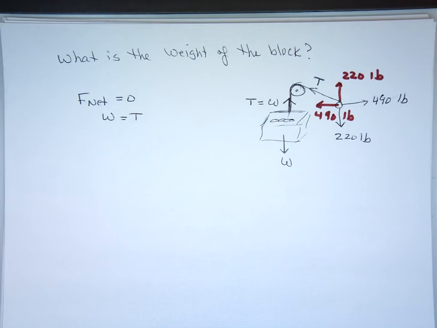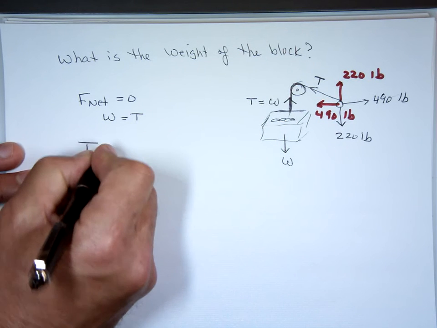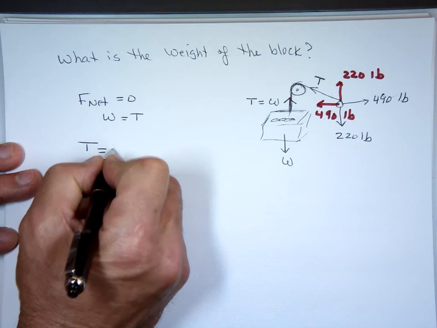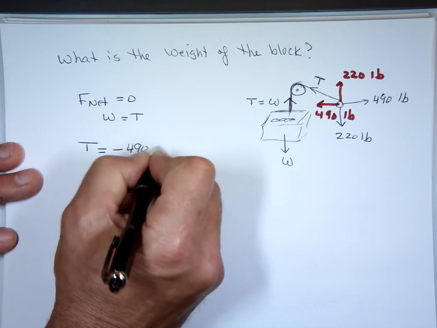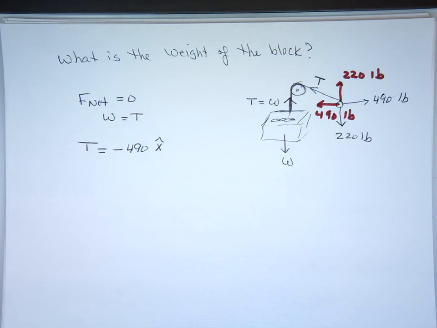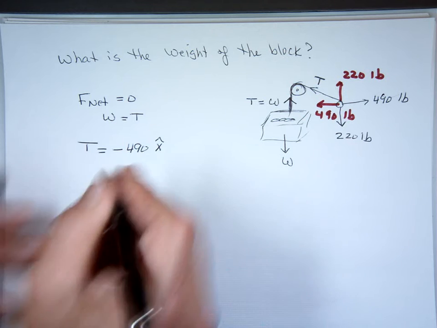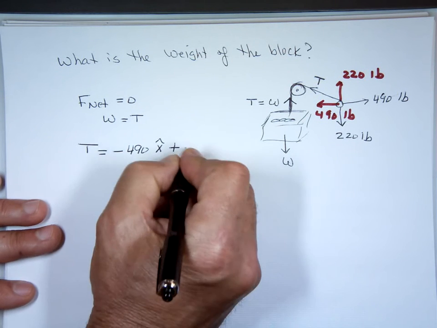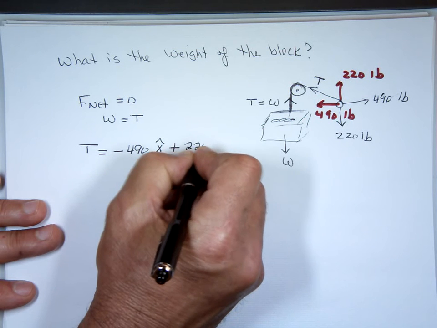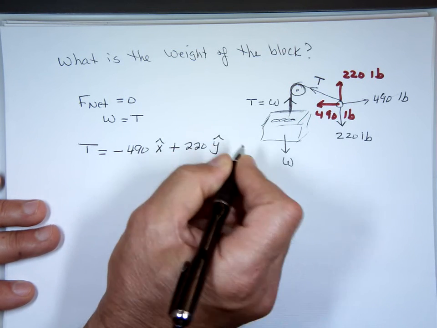So now I know the tension. It has a component in the x direction of negative, because it's going to the left, 490 pounds in the x direction. That little hat over x means in the x direction. And it has a value in the y direction of how big? Positive 220 pounds in the y direction.